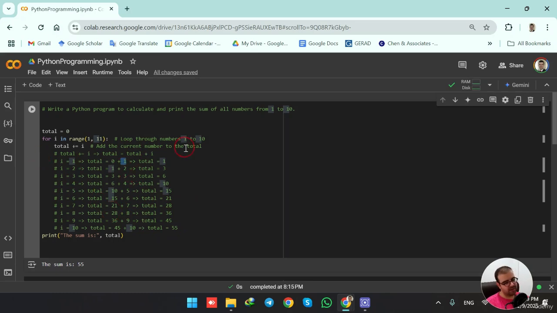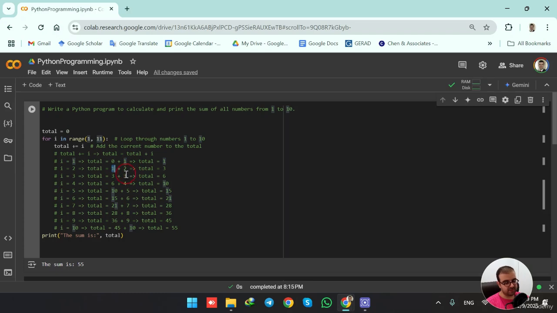This is how it works, because total starts from 0 and we are increasing the value of i in each iteration. As you see here, I'm adding 1, 2, 3, 4, 5, 6, 7, 8, 9, and 10.